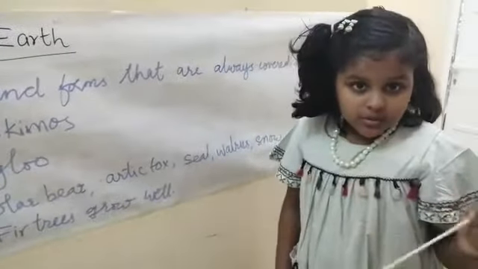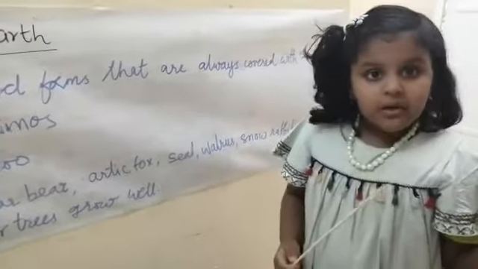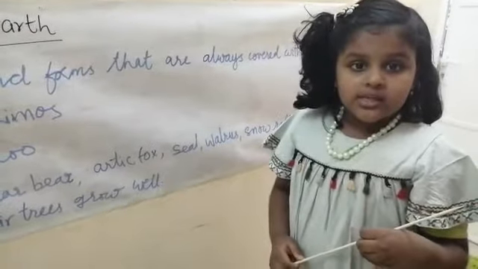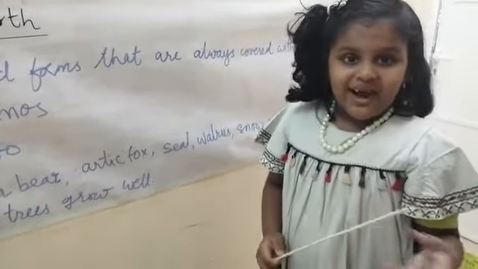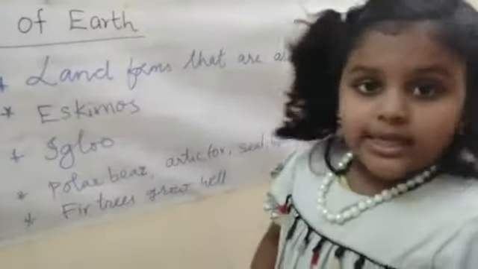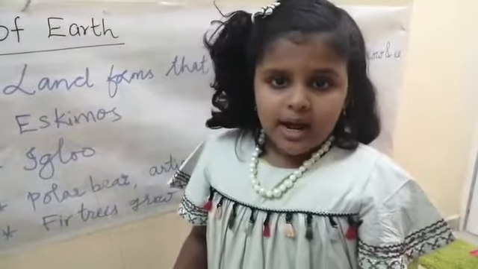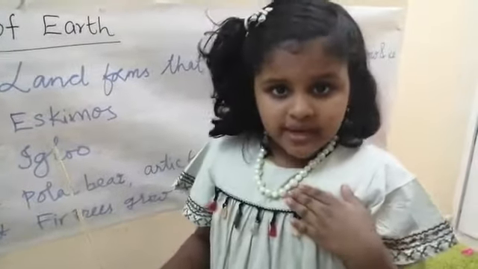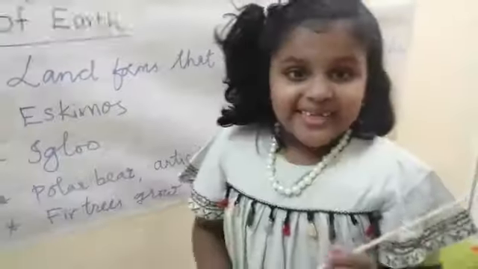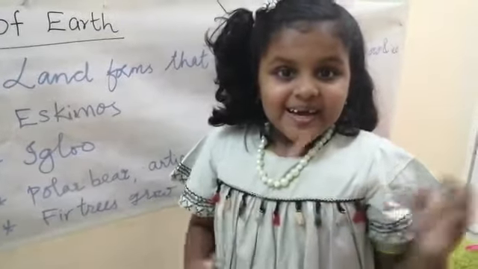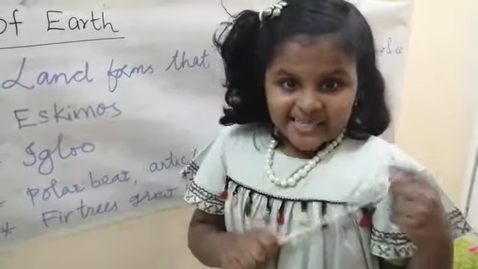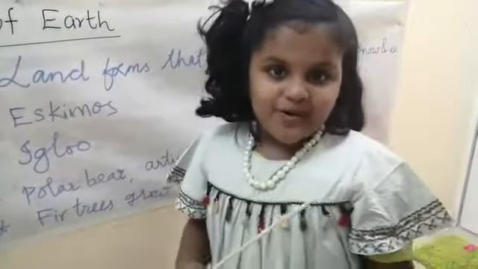Do you know? People also live in polar regions. These people are called Eskimos. They cannot live in houses like we do. They live in a special house made of ice cubes or ice blocks.